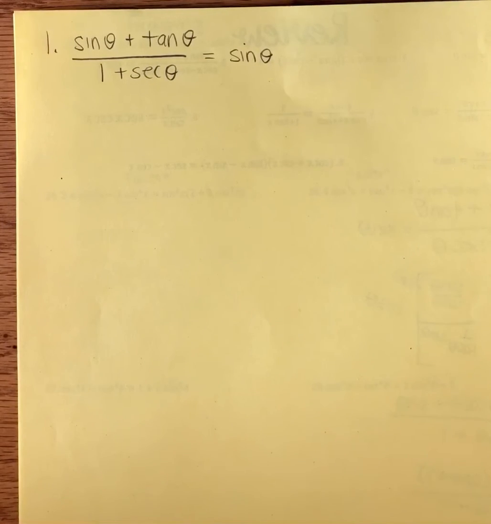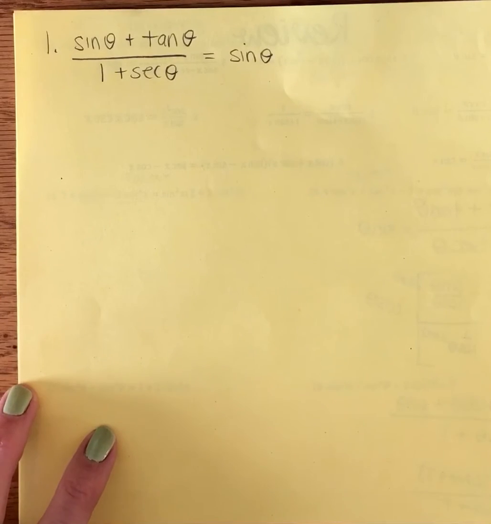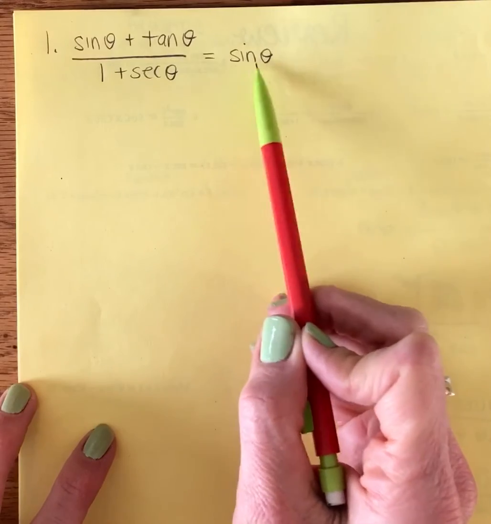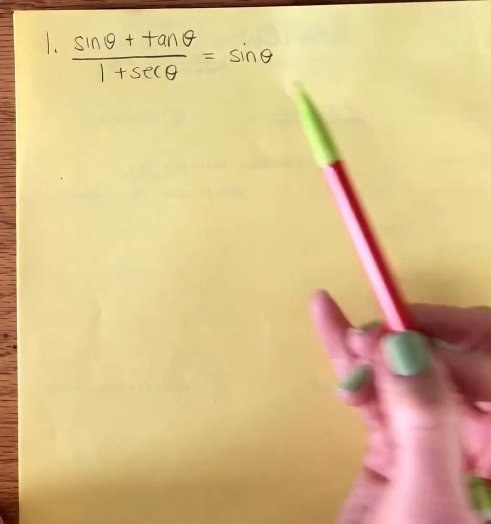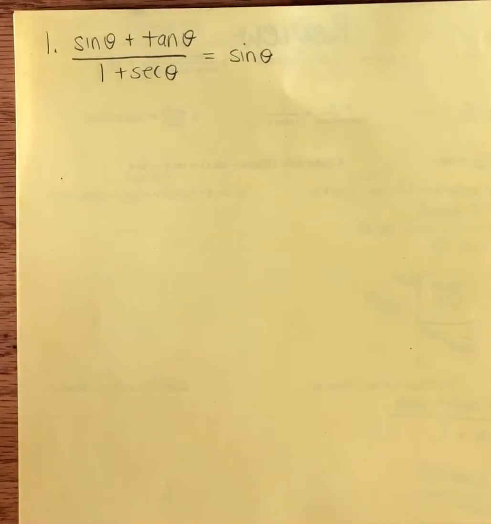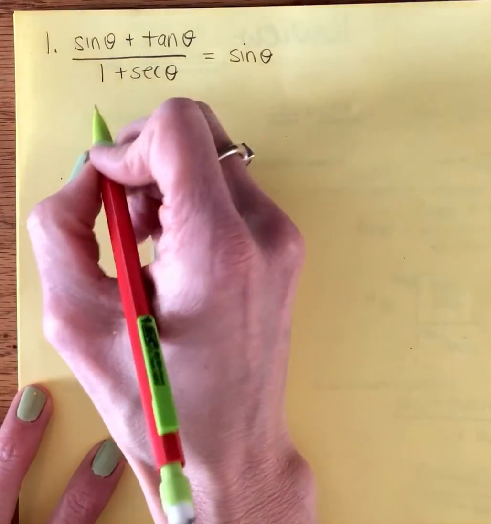So we talked about how when all else fails, and only when all else fails, we change everything to sines and cosines. That's what I would do in this problem. Another reason why I would change into sines and cosines is because I'm trying to get this to equal the sine. So I know I need to have sines and cosines anyway. So I'm going to change this.